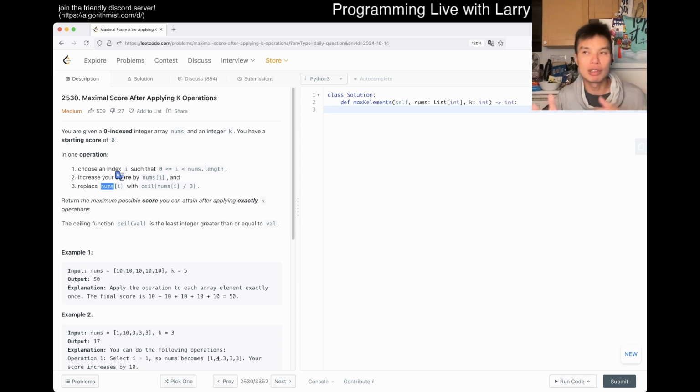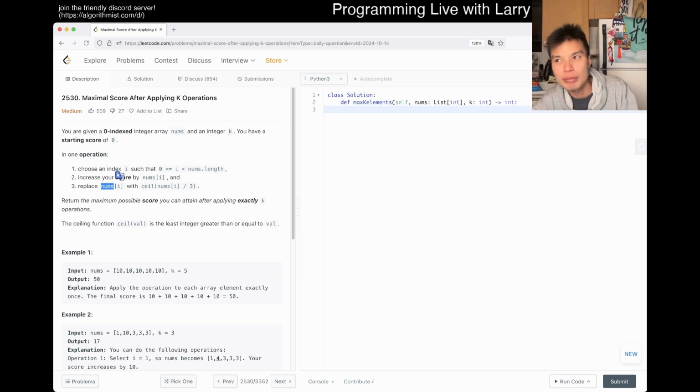You could probably make an exchange argument or something like that. When people think about greedy algorithms, the thing is about choices and making decisions.